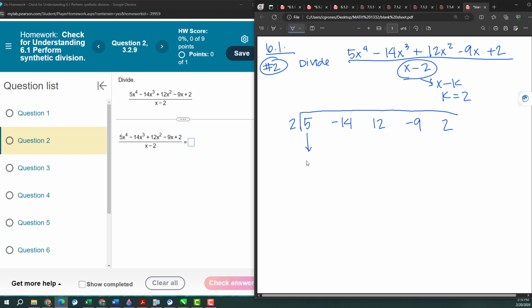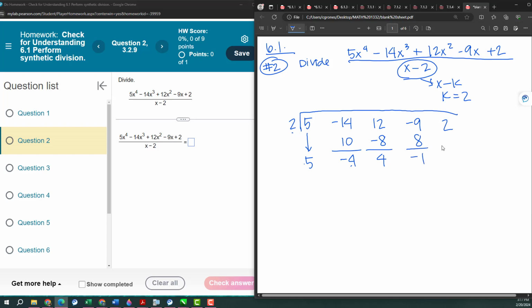All right, remember our 5 is coming down. We're going to multiply 5 times 2, which gives us 10. 10 and negative 14 gives us negative 4. I can now multiply negative 4 times 2, which is going to be negative 8. Negative 8 and positive 12 is a positive 4. 4 times 2 is 8. 8 and negative 9, I get negative 1.